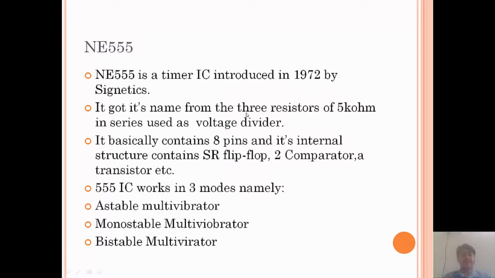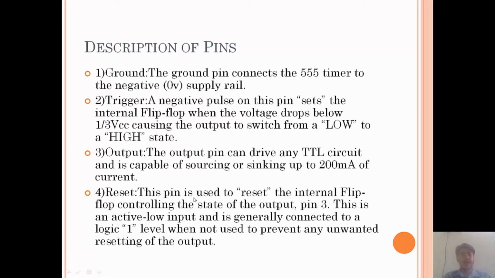The 555 was introduced in 1972 by Signetics. It is named after the three 5 kilo ohm resistors in series forming a voltage divider. It basically contains 8 pins. The internal structure contains an SR flip flop, 2 comparators and a transistor. It works in 3 modes, namely astable, monostable and bistable multivibrator.